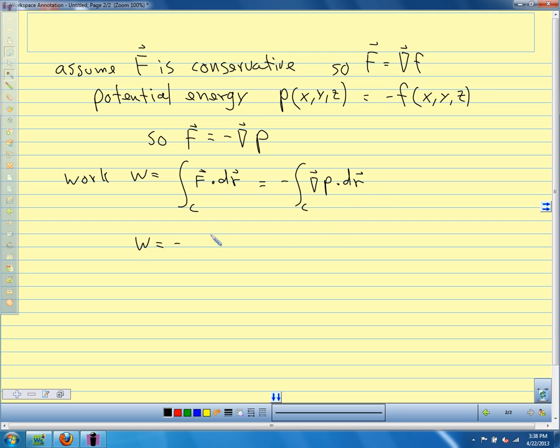So this is minus the potential energy at our position B minus the potential energy at position A. And that is potential energy of A minus potential energy of B.